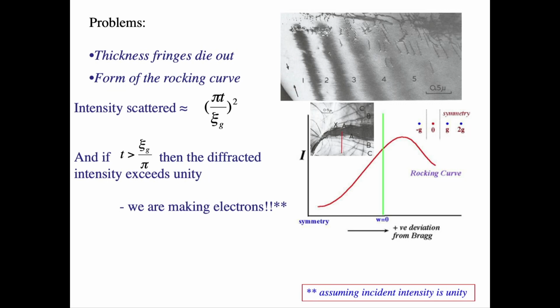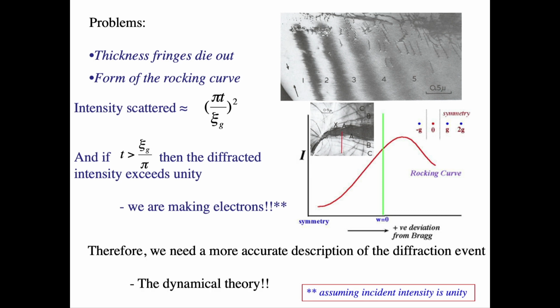And when we start getting any reasonable thickness that we want to look at defects and so on, then it's not really valid. And therefore we have to, whether we like it or not, because we don't like complicated theories, think about dynamical scattering. We need a more accurate description, and that's the dynamical theory.